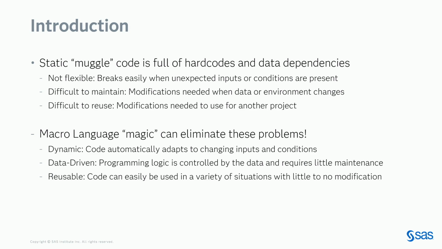So any kind of hard-coded logic that is inflexible, doesn't adapt to your data, doesn't adapt to your computing environment, they make your programs rigid and more difficult to reuse, more work to maintain, and so you're constantly having to change your code because your data changed, some other input changed, or you're running in a different environment. We're trying to eliminate that, and we're trying to use Macrotize Mycodia to create beautiful, data-driven dynamic code using macro tools to generate our SAS code for us.